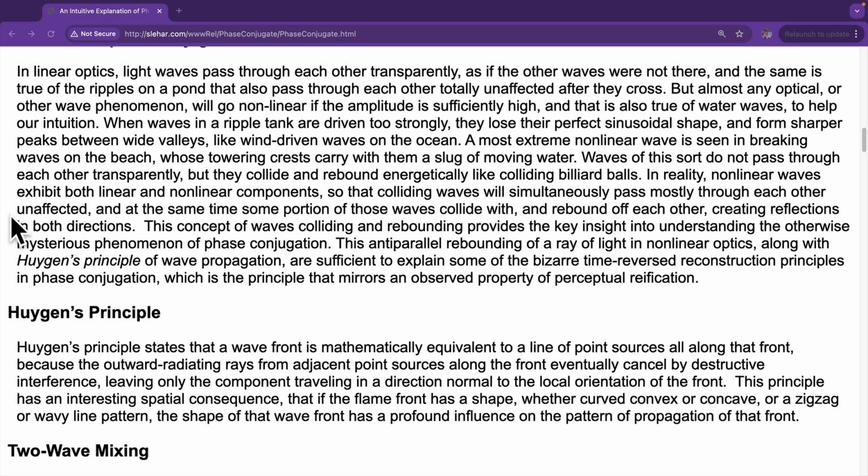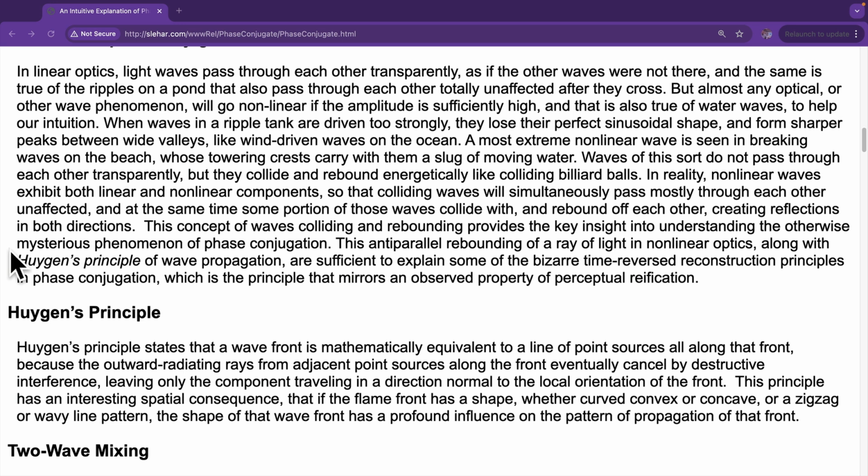In reality, nonlinear waves exhibit both linear and nonlinear components, so that colliding waves will simultaneously pass mostly through each other unaffected, and at the same time some portion of those waves collide with and rebound off each other, creating reflections in both directions. This concept of waves colliding and rebounding provides the key insight into understanding the otherwise mysterious phenomenon of phase conjugation.